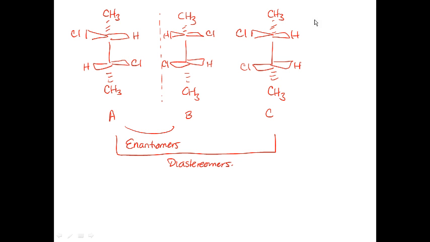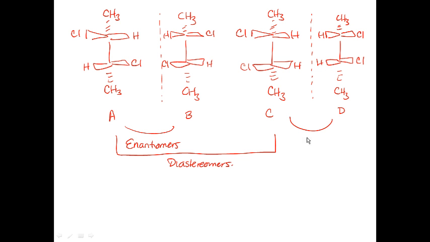And now let's draw the mirror image of molecule C. So if I do that, I get what I'm going to call molecule D. Now here's the problem between molecules C and D. These two mirror images are actually superimposable.